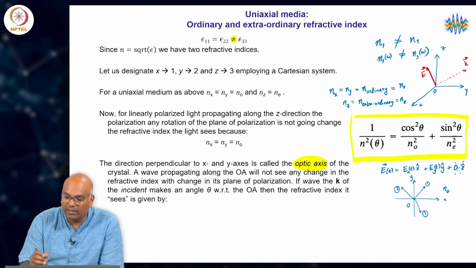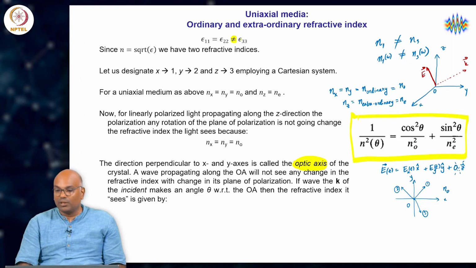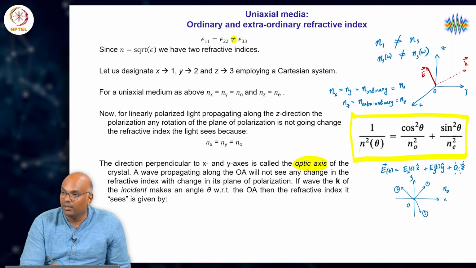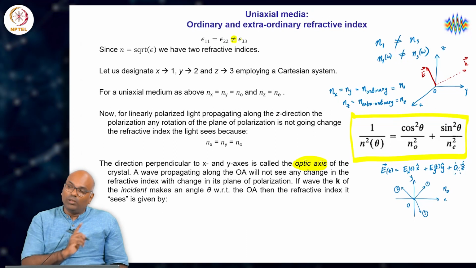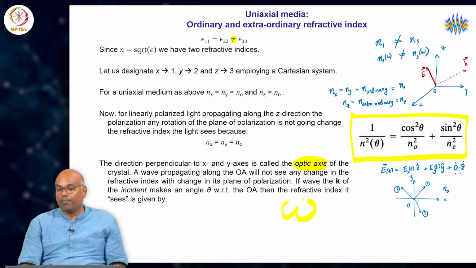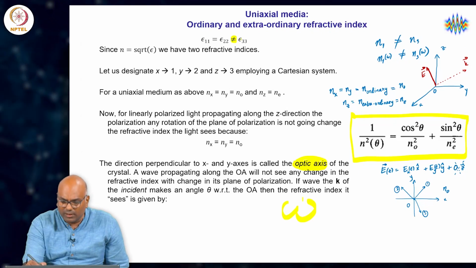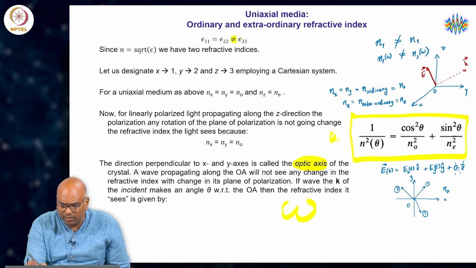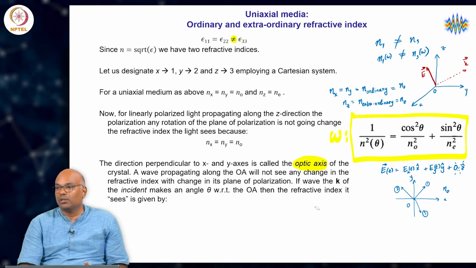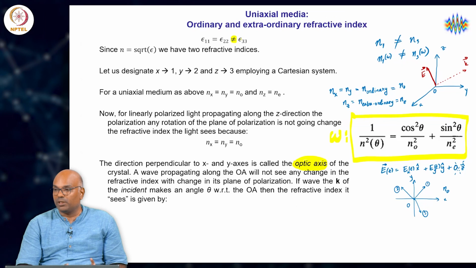It is a complicated looking expression, but we will get used to it. That is 1 divided by the square of n. Now, n, remember, all this is happening at a single frequency, some single frequency omega. So, no frequency dependence arguments are going to present themselves.